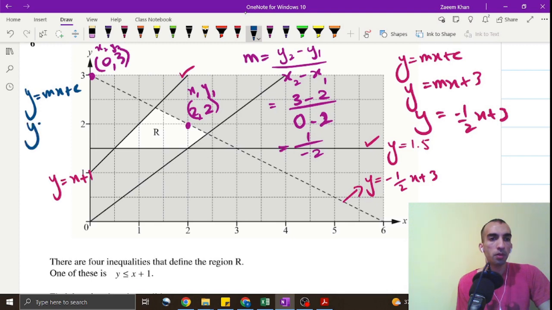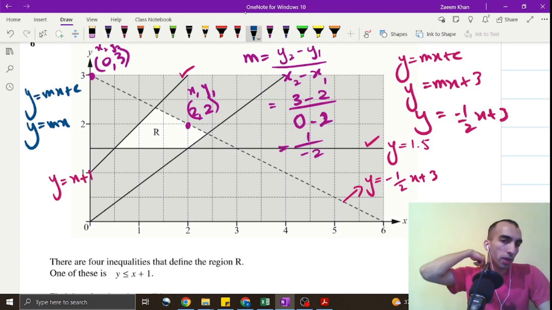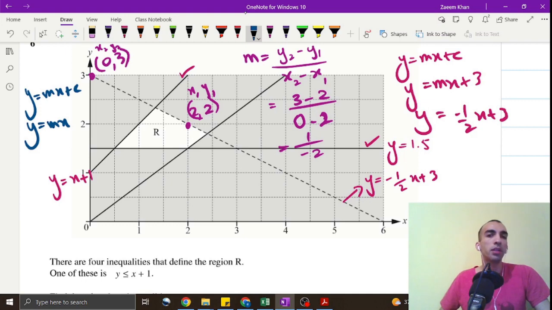Zero. Perfect. y is equal to mx plus 0. Now we can also erase that. I mean, c doesn't have any value, so we get just left with y is equal to mx. Can you help me find out the value of m? I just used the process for the dotted line. Can you do the same process for this line?